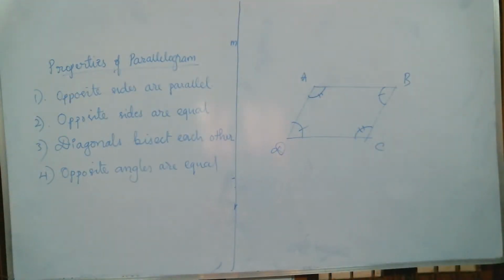Can somebody tell me? Very good. When we are adding adjacent angles, their sum will be 180 degrees. Okay. So these are all the properties of parallelogram.